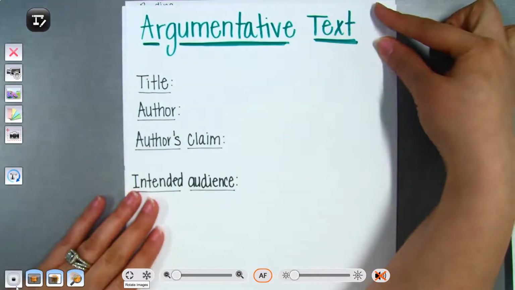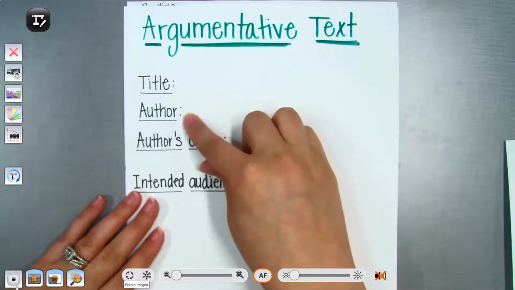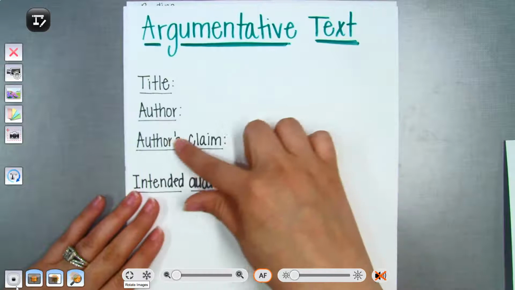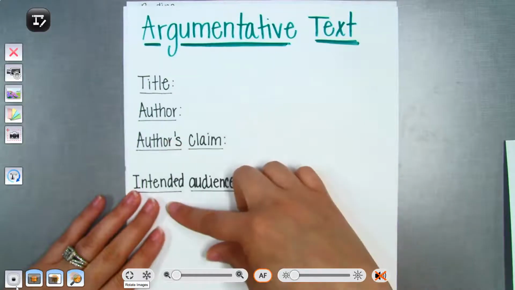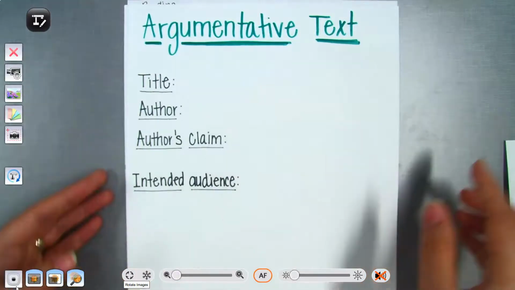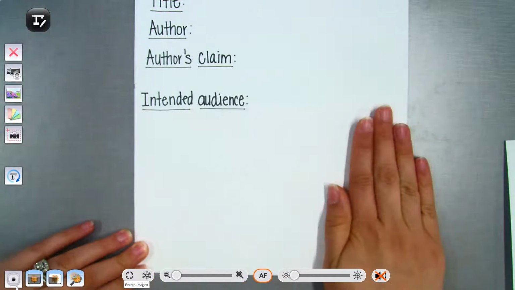Underneath that, I want you to write title, author, author's claim, and make sure you leave some space between author's claim and intended audience. Okay, so I want you to write those things down. Now, if you notice, guys, I still have a lot of space here at the bottom.